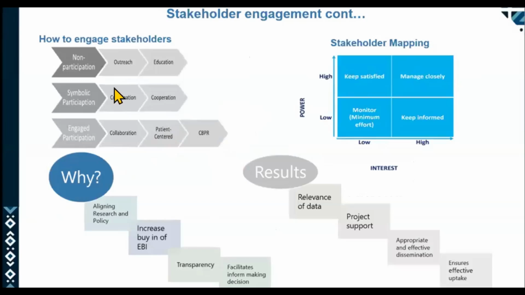We have the non-participation engagement, where you just do outreaches, you do education, you tell them what you want to be implementing, you tell them about the project that you want to implement. And then you have the symbolic participation, where you actually gather the community stakeholders and they're involved in the coordination meetings, they're involved in even drafting of the implementation protocol.